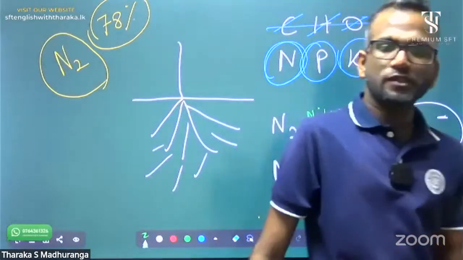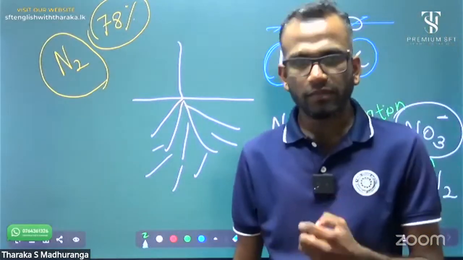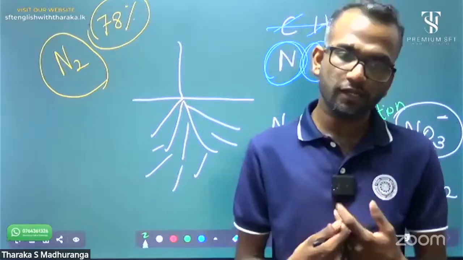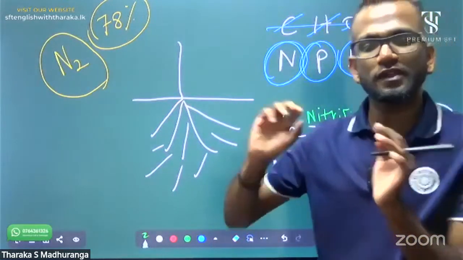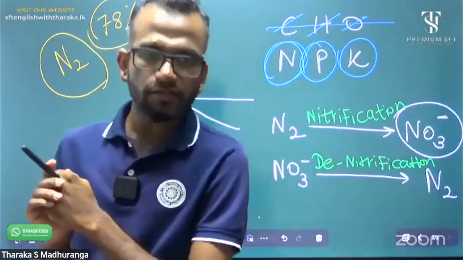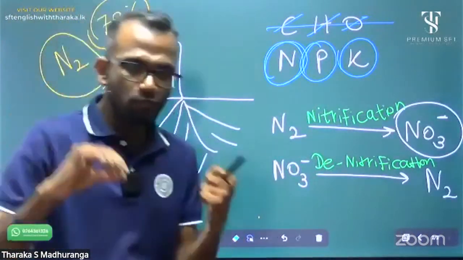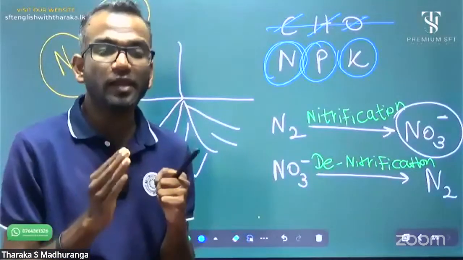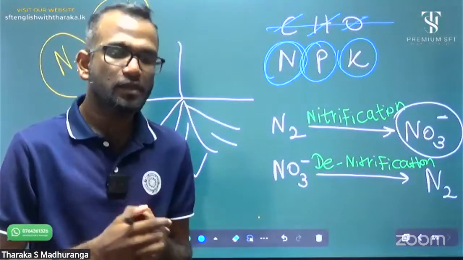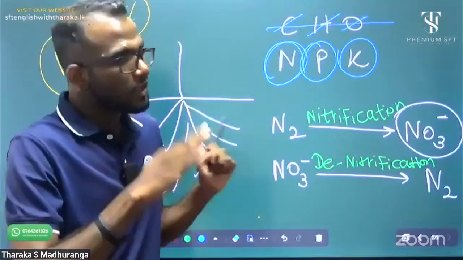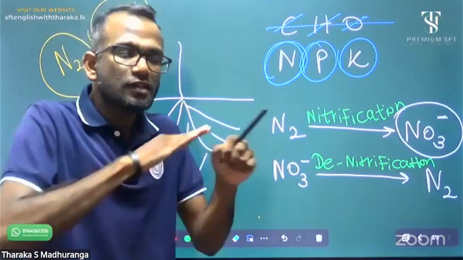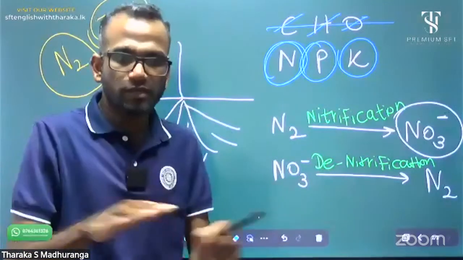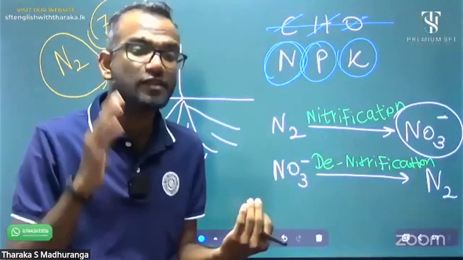Normally there is 78% nitrogen in the atmosphere, but plants cannot absorb it as nitrogen gas. Therefore, nitrogen gas is converted into nitrate ions using microorganisms. This nitrate ion dissolves in water and is absorbed by the plant. That's the main nutrition supply method to the plant. It takes place with aerobic microorganisms under aerobic conditions. But if the soil is completely filled by water, meaning no gases, it is an anaerobic condition.